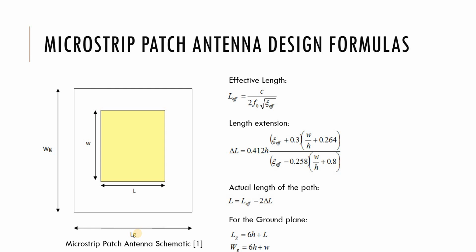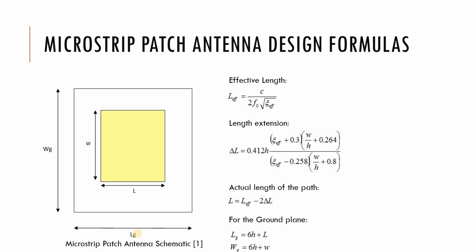And you can already see the formula of delta L, which is the extra extension due to the fringing effect for this kind of antenna.